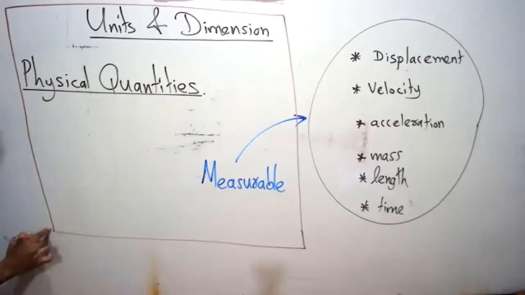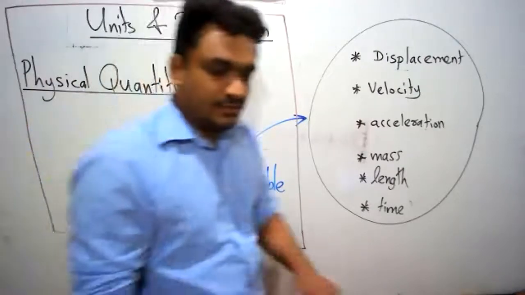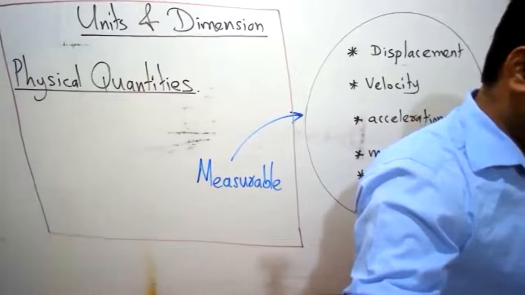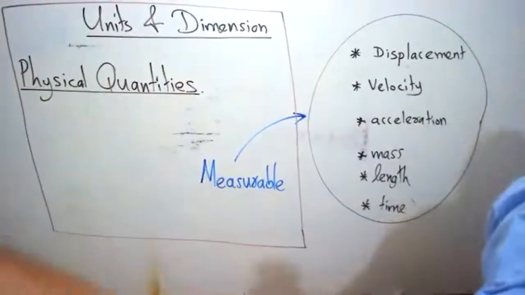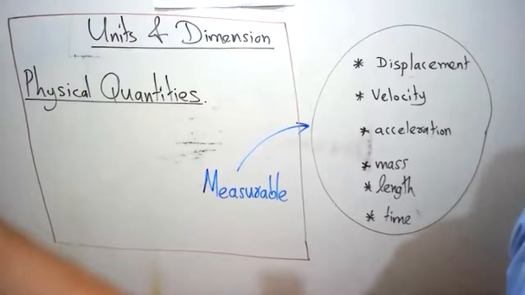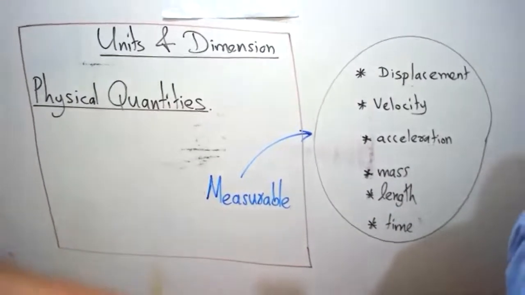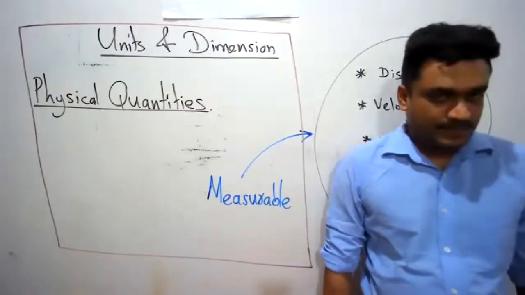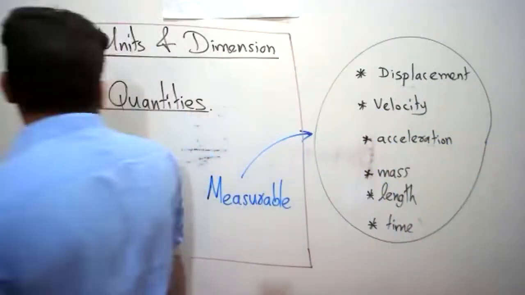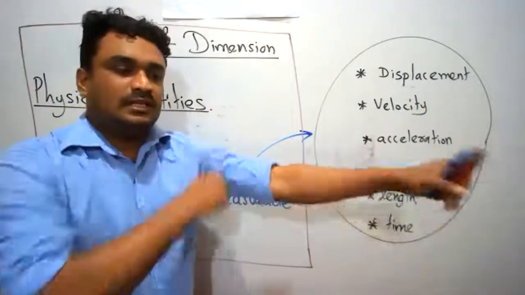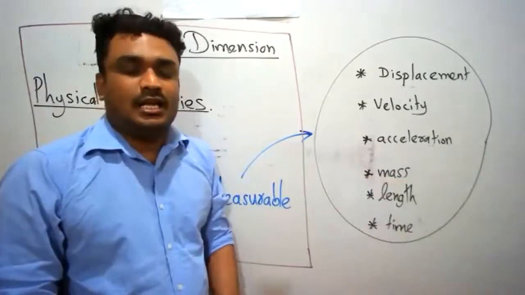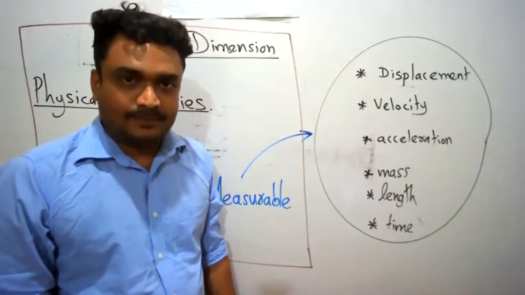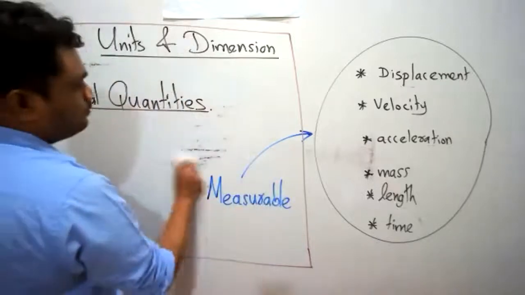If something can be measured directly or indirectly, it is known as a physical quantity. If something can be measured directly or indirectly, it is known as a physical quantity. Right, look at the board.